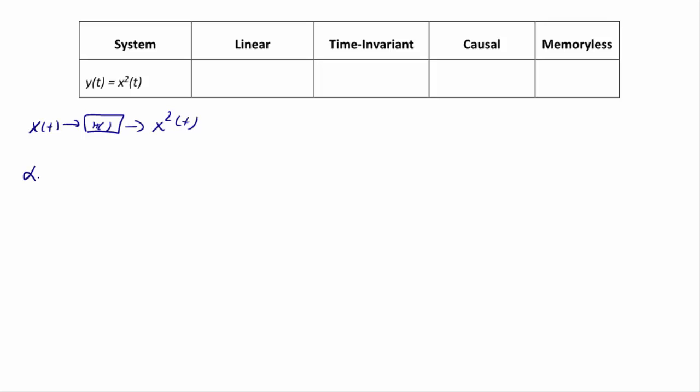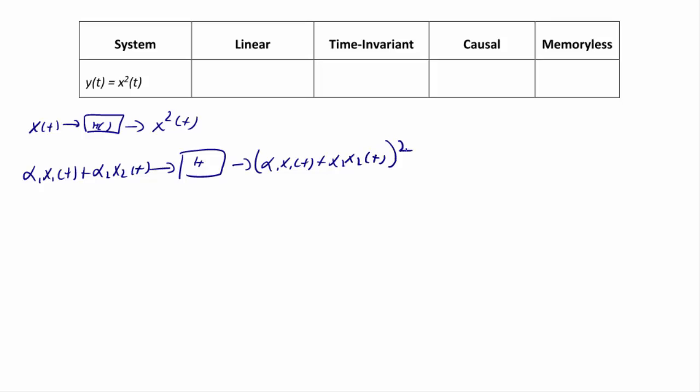So if our input was alpha 1 x1 of t plus alpha 2 x2 of t, and we send it through our function, then on the output we're going to have alpha 1 x1 of t plus alpha 2 x2 of t, quantity squared, which is alpha 1 squared x1 squared of t plus 2 alpha 1 alpha 2 x1 of t x2 of t plus alpha 2 squared x2 squared of t, and that equals z1 of t.